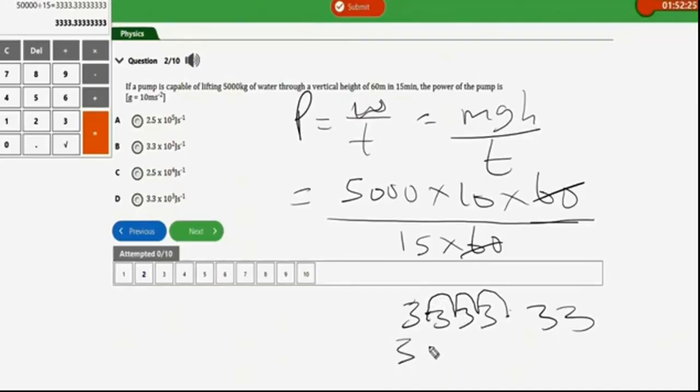This is 3.3 times 10 to the power 3 joule per second. So the correct option is Option D, 3.3 times 10 to the power 3 joule per second. It's as simple as this. That's it for this particular question. Let's wipe this now and solve the next repeated question.